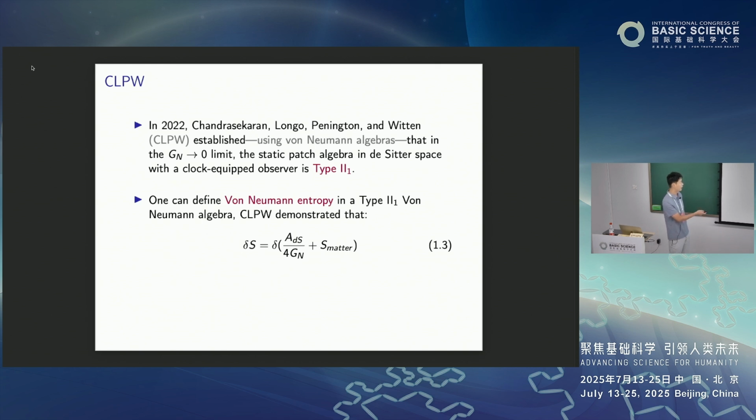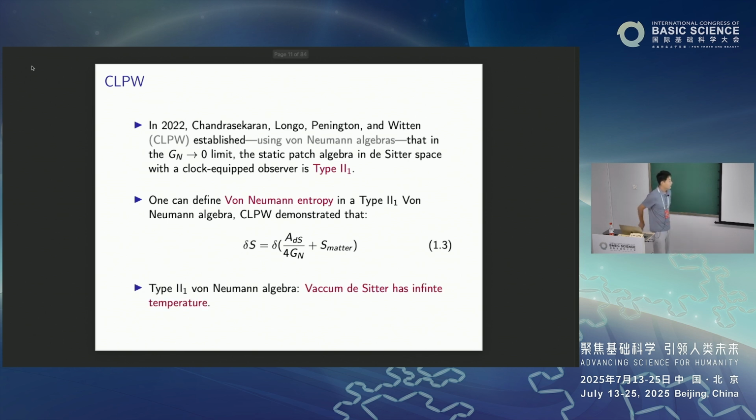By calculating the von Neumann entropy for a geometry with de Sitter and perturbative matter, CFPW showed that the entropy difference is given by the generalized entropy of the de Sitter static patch. That contains the area of the de Sitter horizon plus possible matter entropy inside the patch. Being a type II_1 von Neumann algebra means that vacuum de Sitter has infinite temperature.